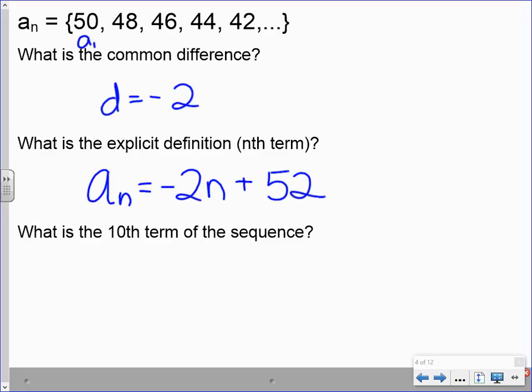Probably. Jen, you seem very excited. Since we wrote this explicitly, we can just plug in 10 for n to get our 10th term. That'll save us some work, right, Gabby? That is a -2. So our 10th term is, everyone? 32.